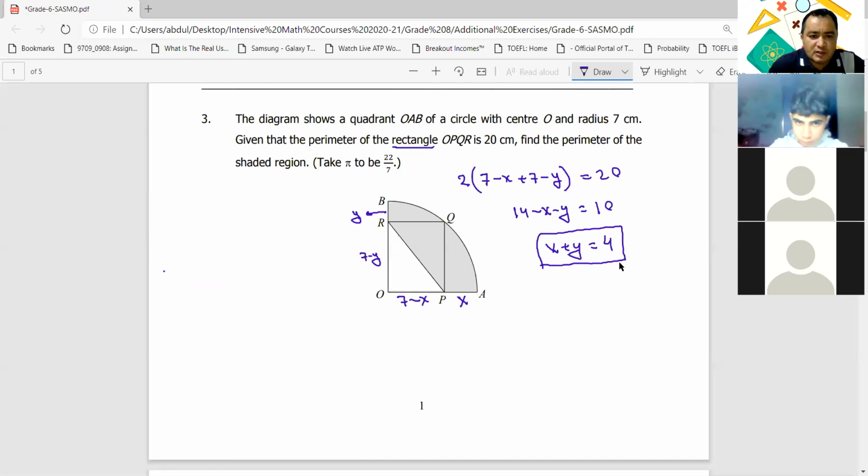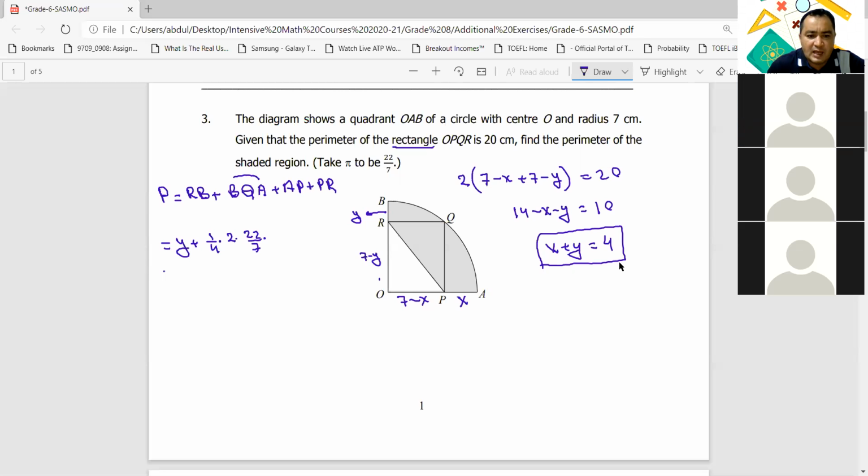Now if I substitute, RB equals Y plus BQA. It is a quadrant, right? It is 1/4 of the circumference. Circumference is 2 times pi, pi is 22/7, times R. R equals 7. Plus AP, which equals X.